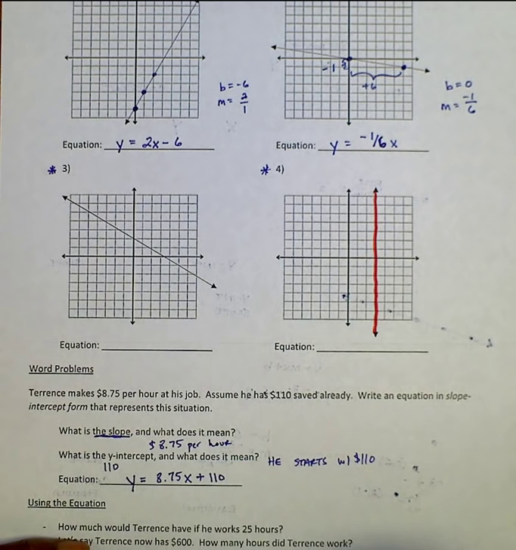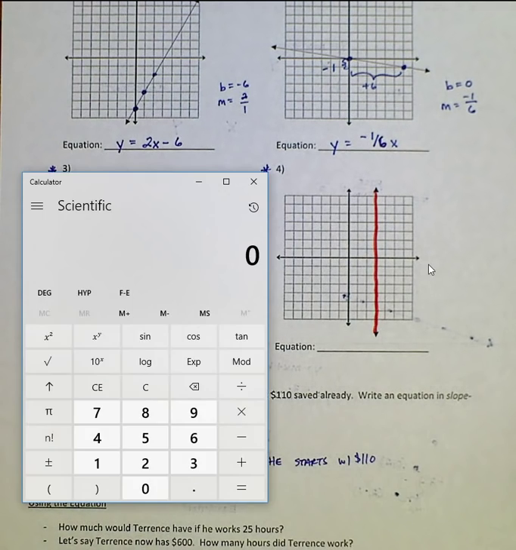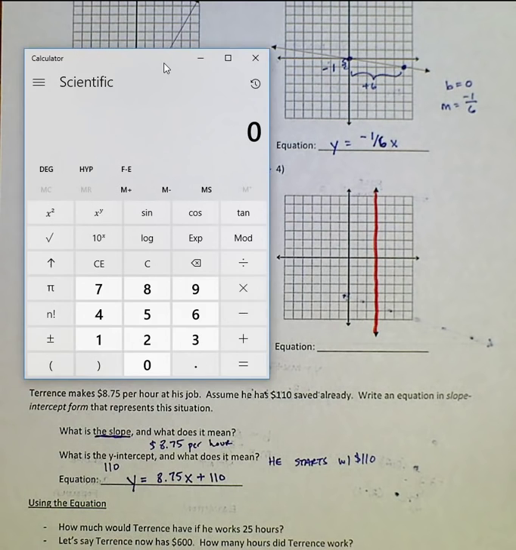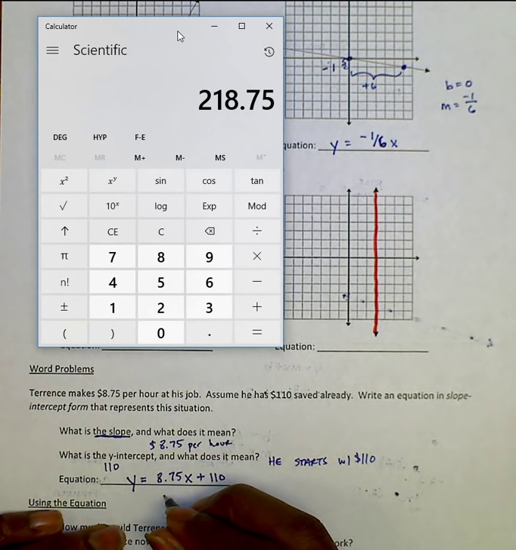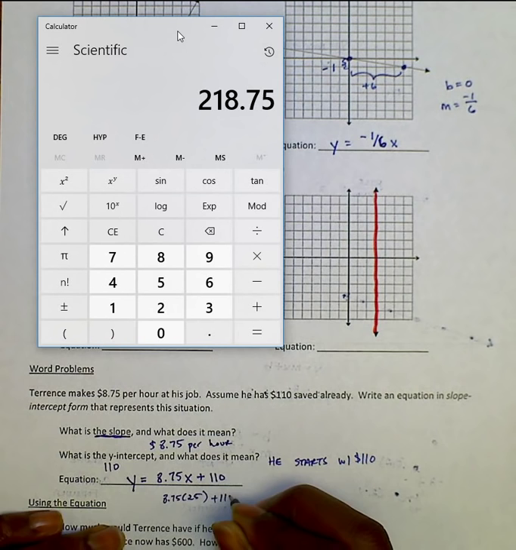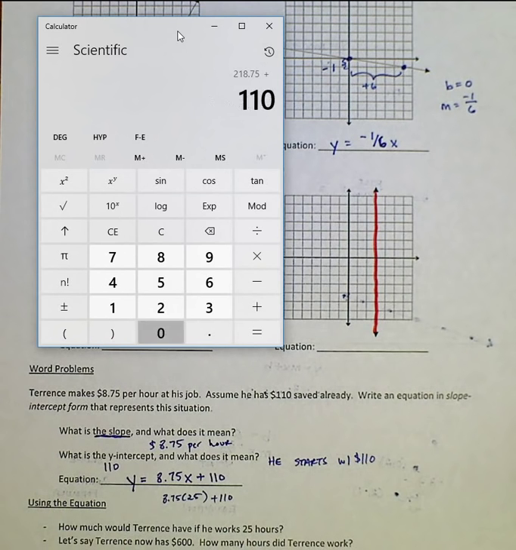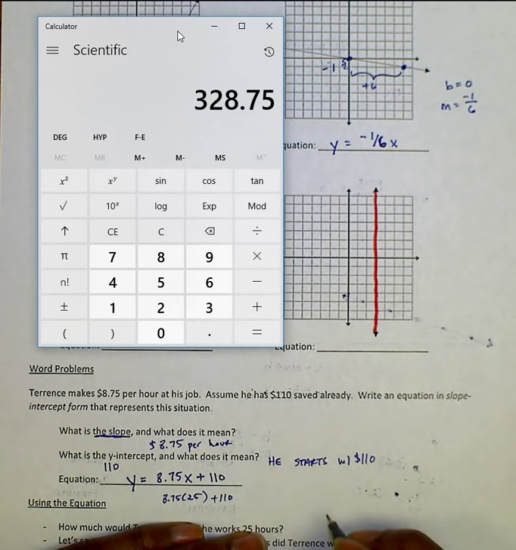And so in our equation we can say, let's plug in that value: 8.75 times 25 plus 110. And so if Terrence worked for 25 hours, he would make $328.75.